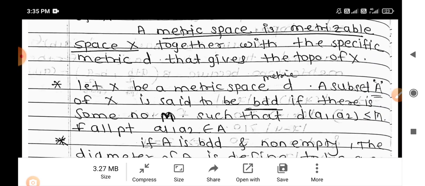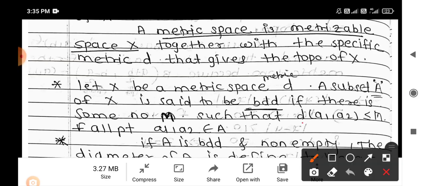So a subset A of X is said to be bounded if there is some number m such that the distance between a1 and a2 is less than or equal to m.